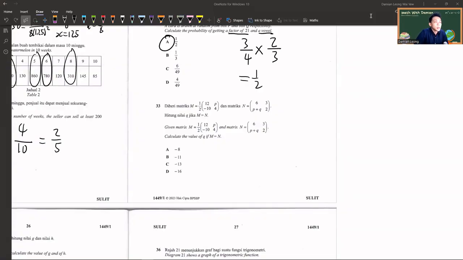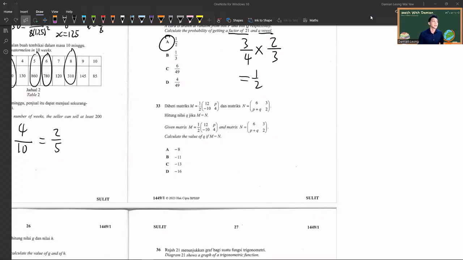Question 33, diberi matrix M ialah sama dengan 1 over 2, 12, P, negative 10, 4, matrix N diberi sini. Hitung nilai Q jika M sama dengan N. So they are the same, means they should have exactly the same elements in the same position.